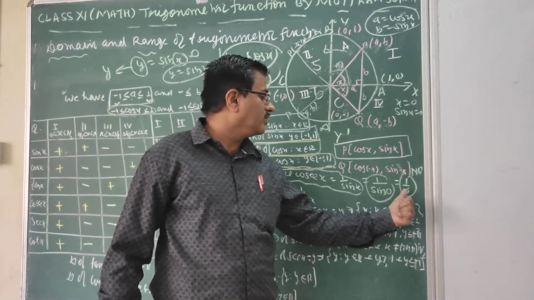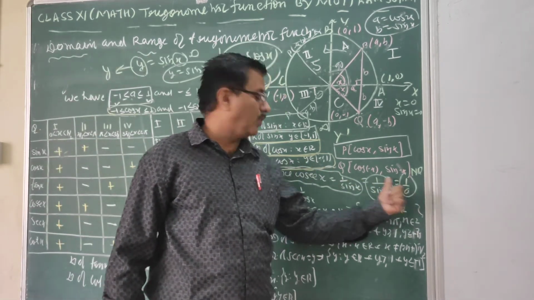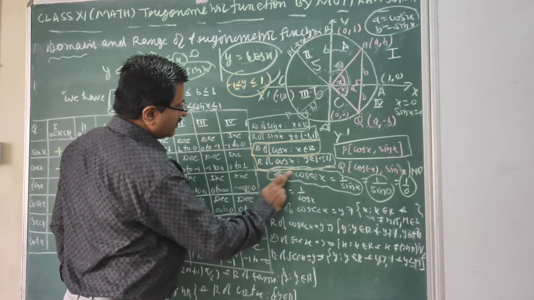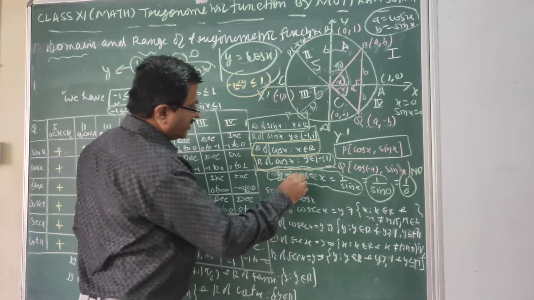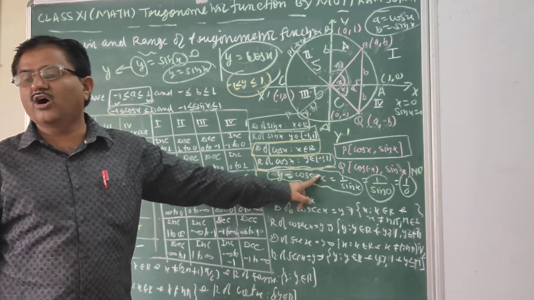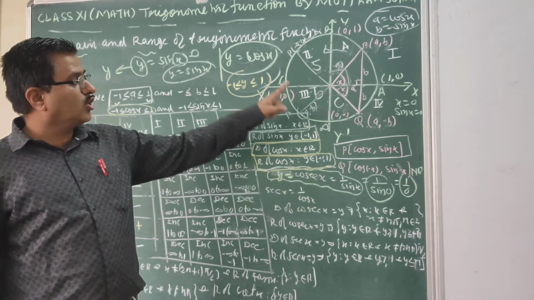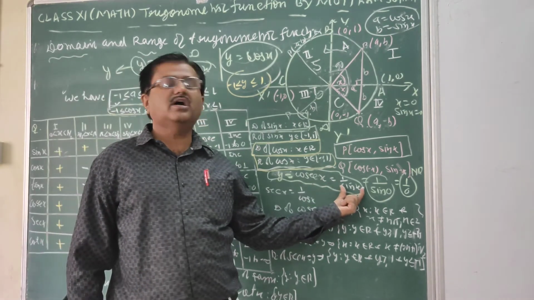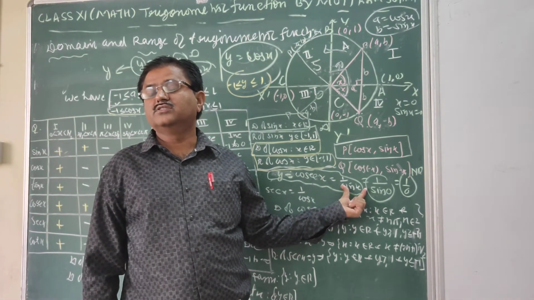That's why it is not a real value of y, which means cosec x does not exist, is not defined. So we can say the denominator should not be 0.